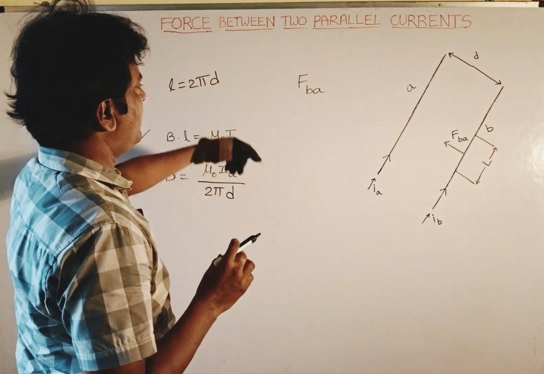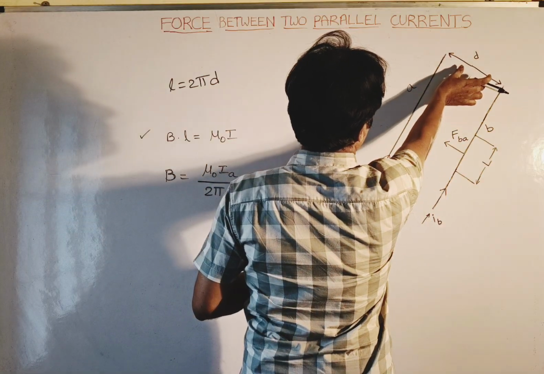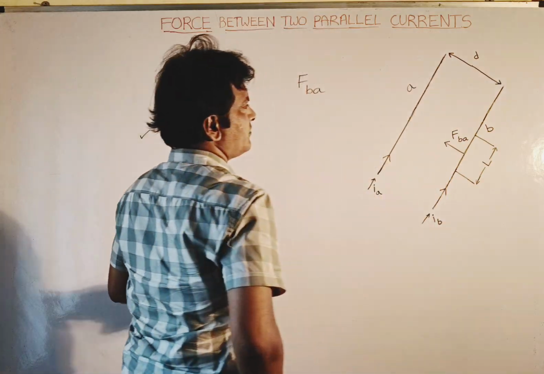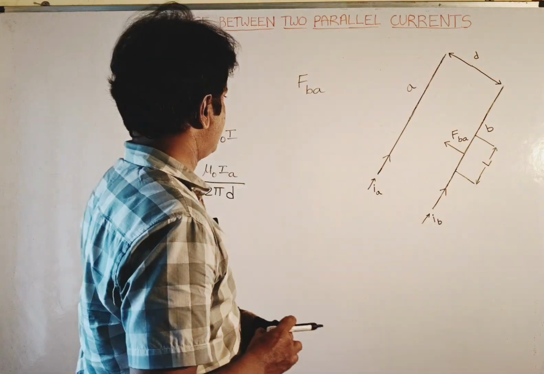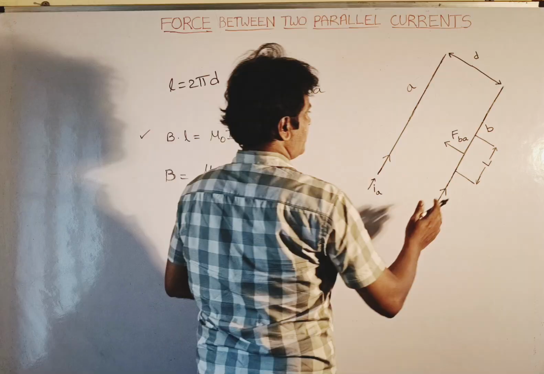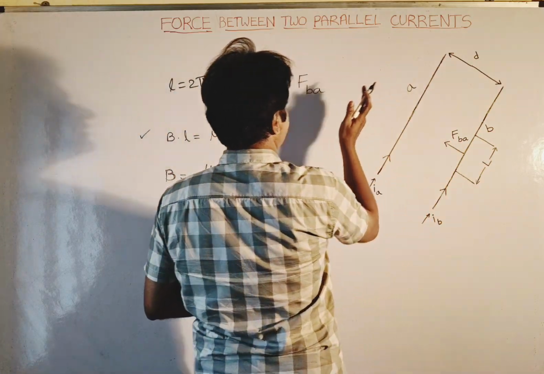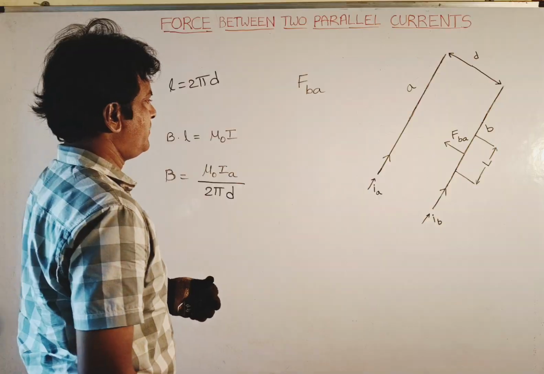So 2 pi r is the perimeter of the loop, which is having a radius of d. The d is distance between these two conductors.